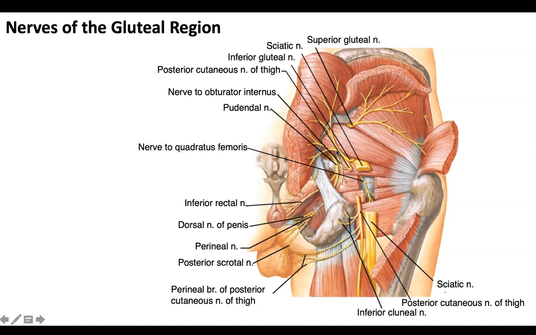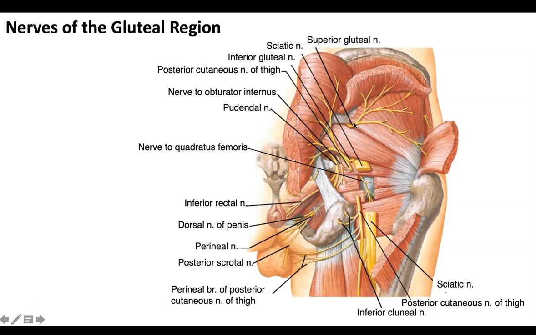Most of these nerves enter into the gluteal region inferior to the piriformis, except the superior gluteal nerve, which enters superior to the piriformis muscle.